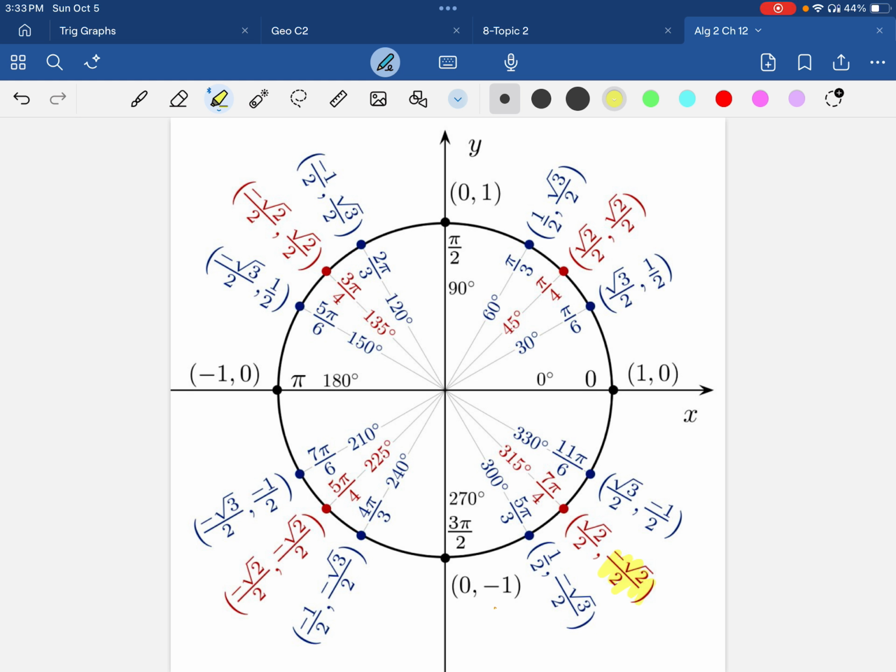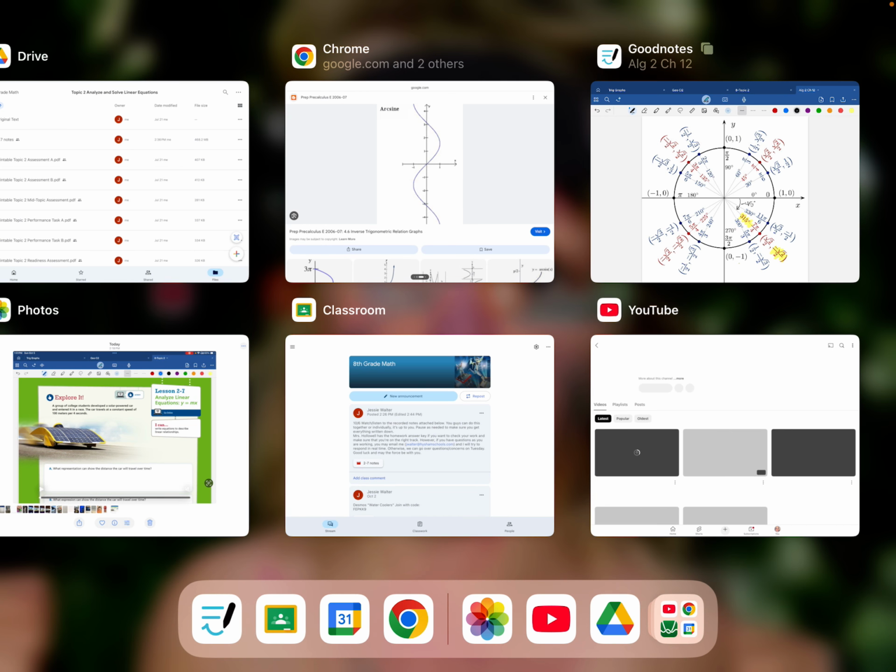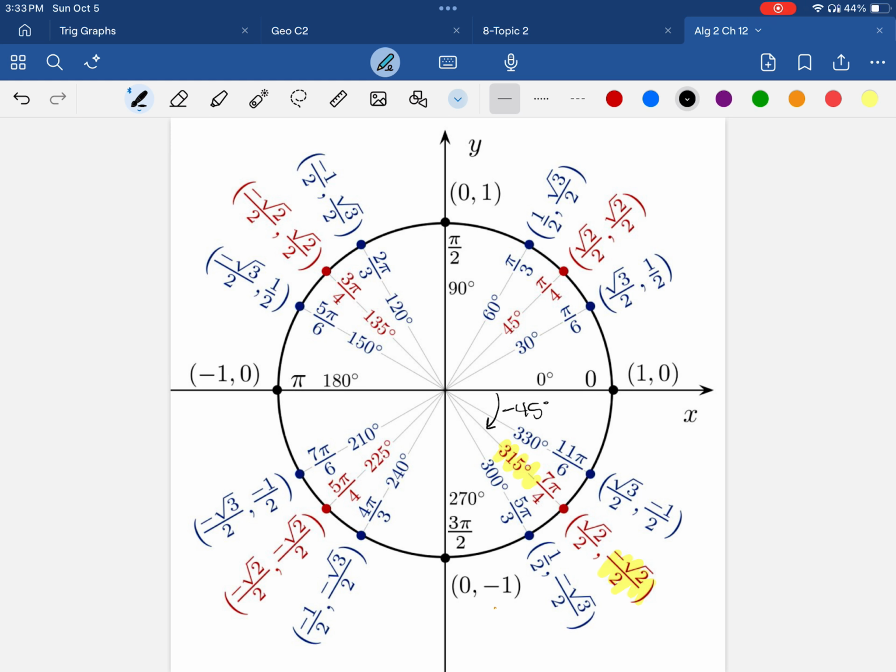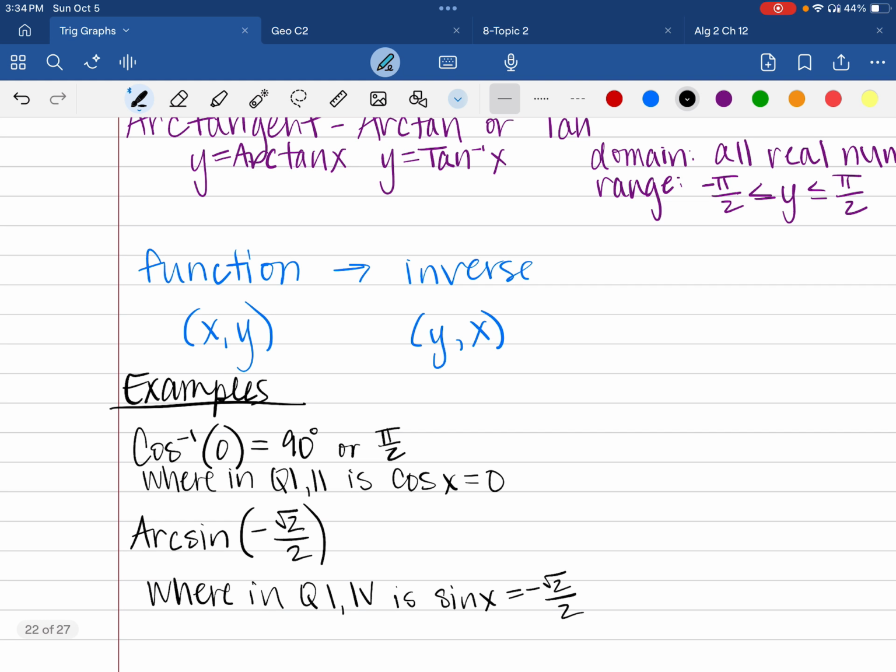That happens at 315, but I don't want an angle that big. We want the negative angle that we would get going this way, so that's going to be negative 45 degrees. Arc sine of negative square root of 2 over 2 is negative 45 degrees, which is the same as negative pi over 4.